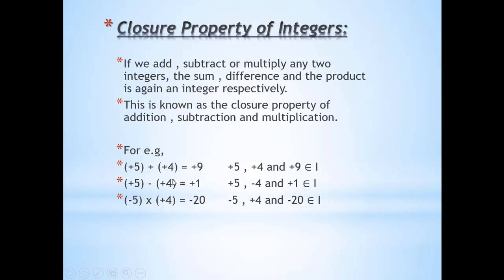As we know, integers are the combination of the positive and the negative series. So minus 5 is an integer and plus 4 is also an integer, and when we multiply these two values we get minus 20, and minus 20 is also an integer.